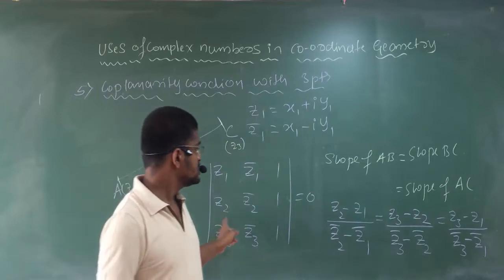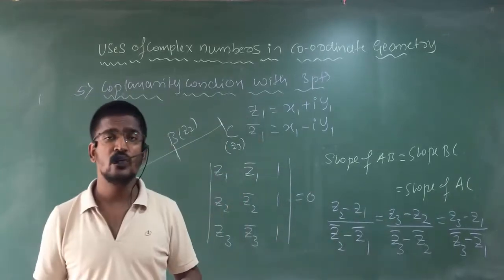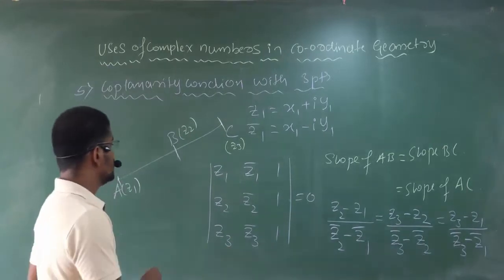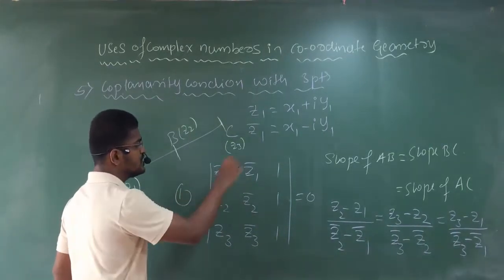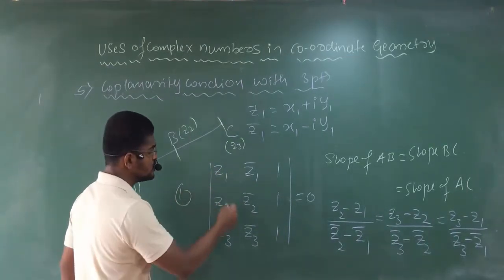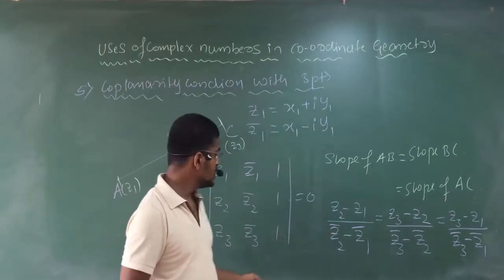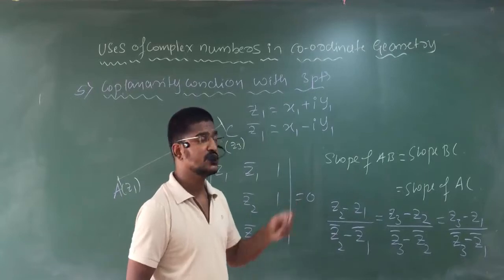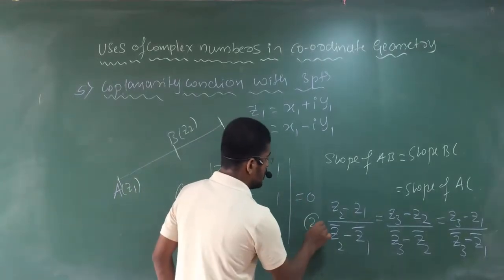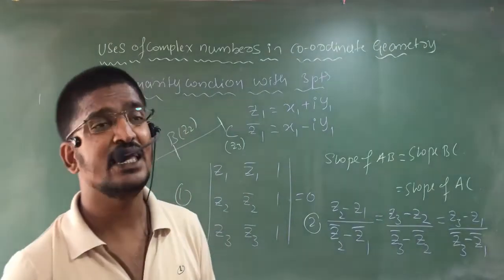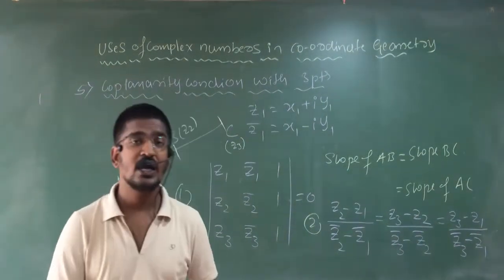So with these two conditions, you can prove it in any way, no problem. That is, either you prove the determinant of Z1, Z1 bar, 1; Z2, Z2 bar, 1; Z3, Z3 bar, 1 is equal to 0, or you prove the slope of AB equals the slope of BC equals the slope of AC.